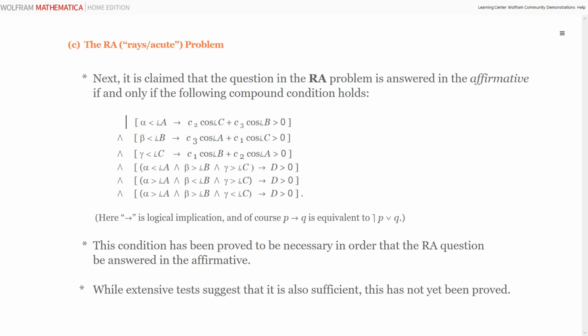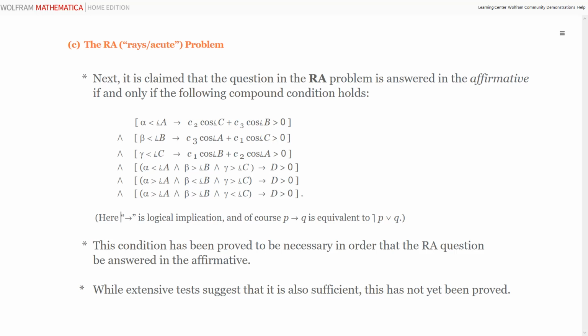And then that's ANDed with the second piece, which is similar, and ANDed with a third piece, which is similar, and that's ANDed with this piece, which says, if alpha is less than A, and beta is greater than angle B, and gamma is greater than angle C, then D is greater than 0, right? And then that's ANDed with something similar, and finally ANDed with one more thing that's similar, all right?